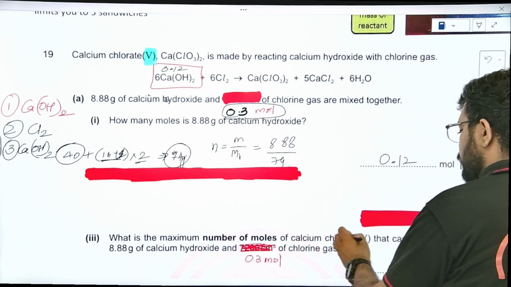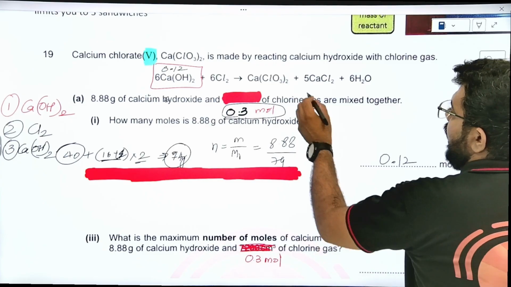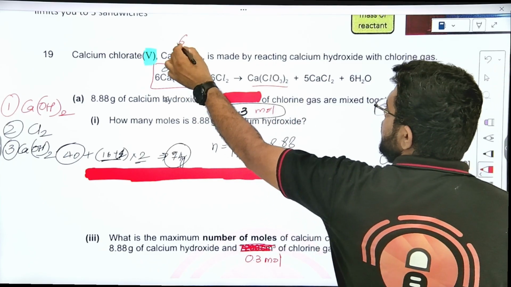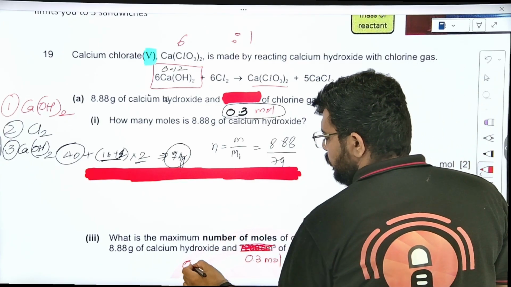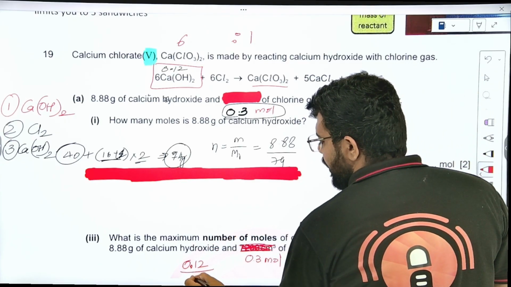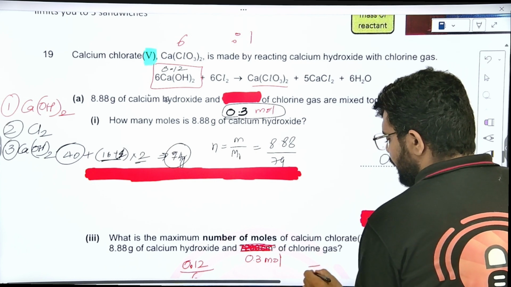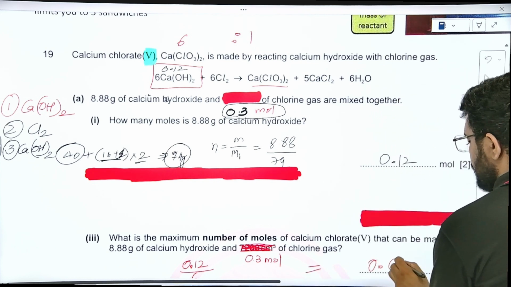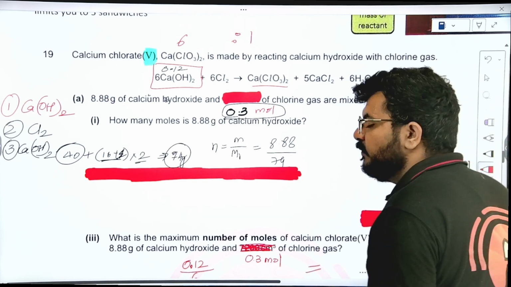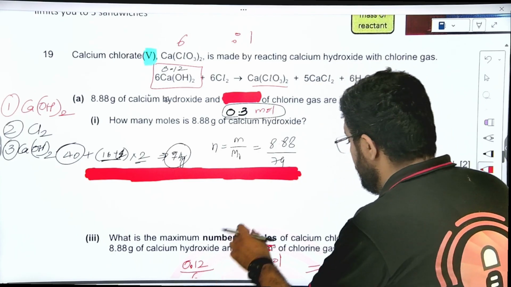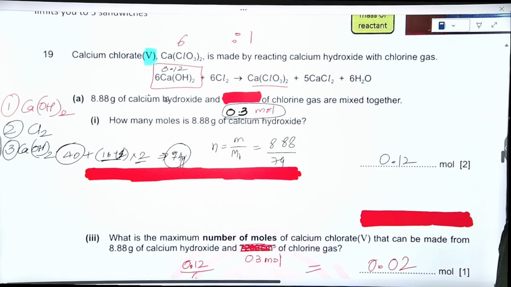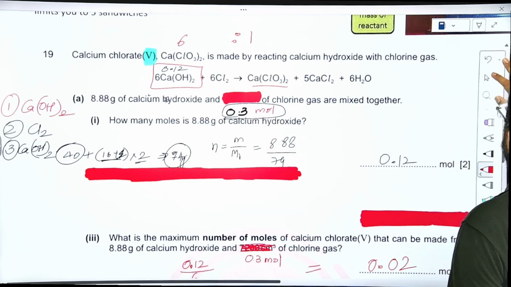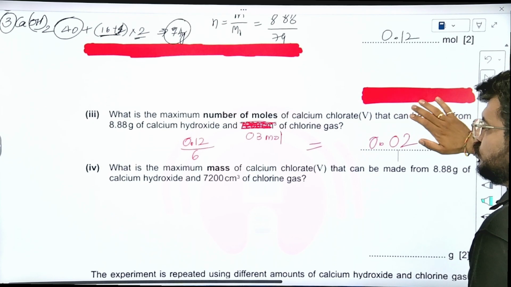Maximum number of moles that can be produced. So, calcium chlorate, the ratio is 6:1. So, 0.12 divided by 6. That will give me 0.02 mole of calcium chlorate that can be made from this reaction. I hope this makes sense to you.